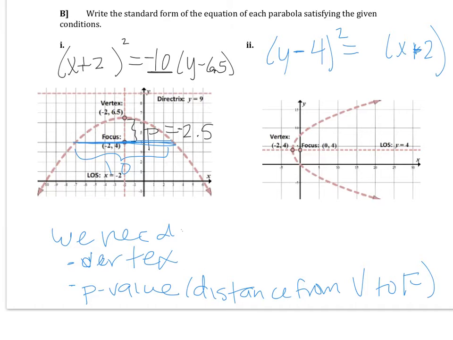So we might be better off just determining the p-value from the vertex to the focus. p looks like it's 2 units, because the vertex is 2 units behind the focus, so the focus is 2 units to the right. So p equals 2, so 4p is going to be 8. I guess our focal chord here must be 8 units long, but it is hard to tell with the coordinate plane the way it is.